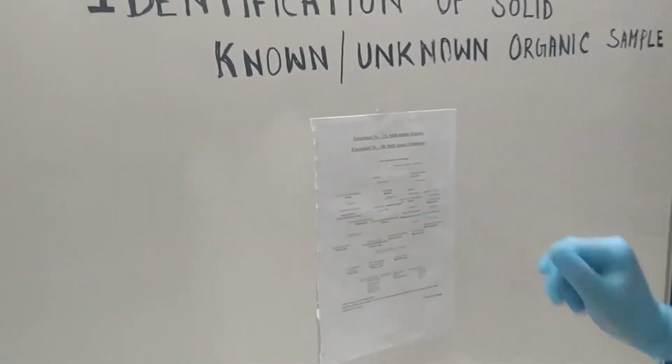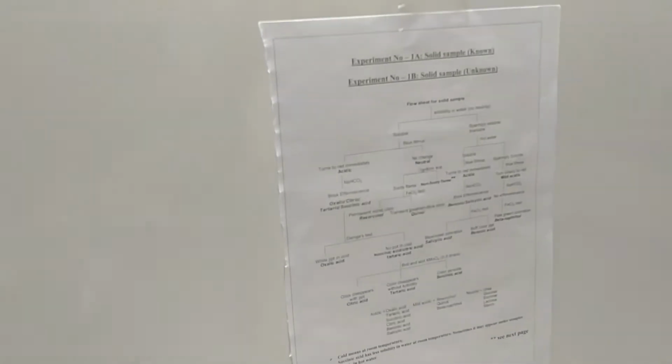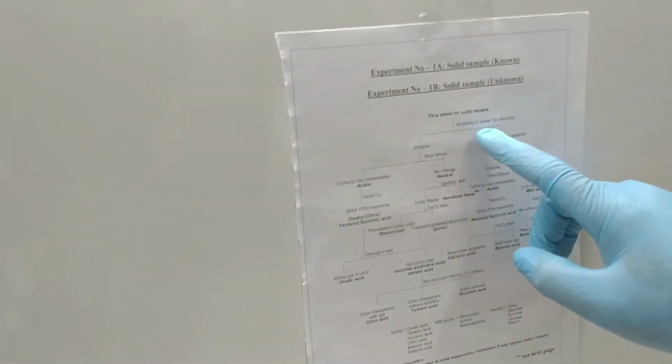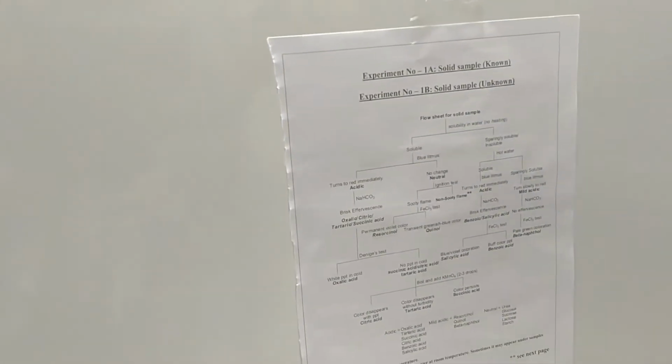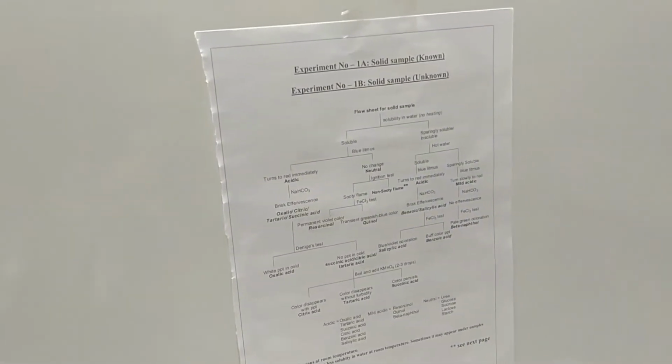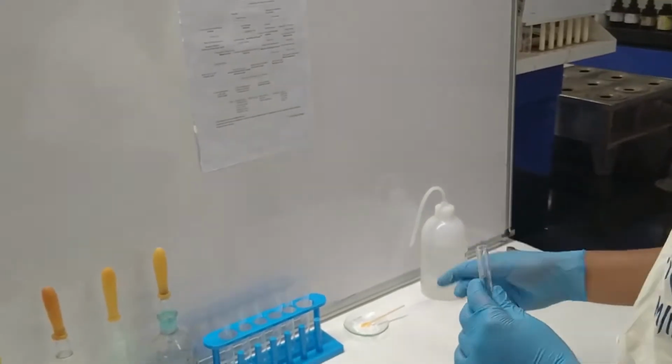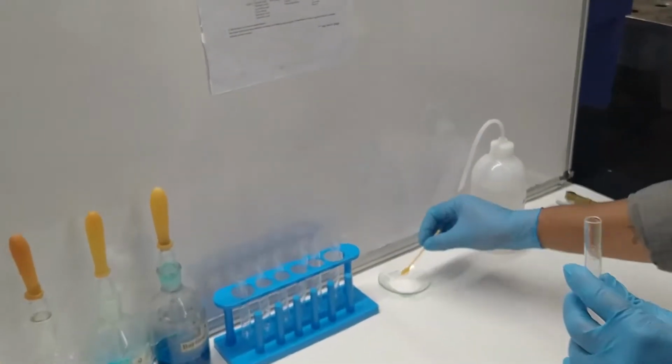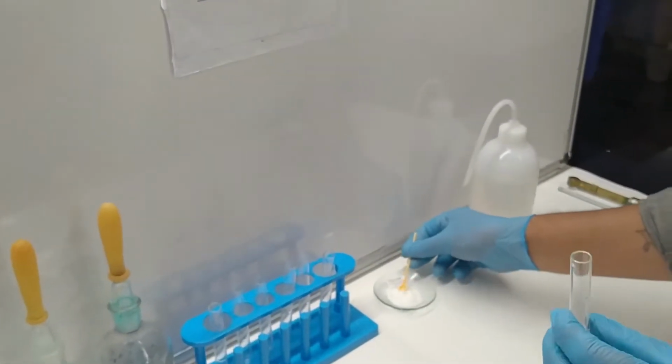So according to the flow chart, the first test is solubility in water, okay, without heating. So to check the solubility, first of all we have to take a test tube, and then after that we have to take some solid sample from here.